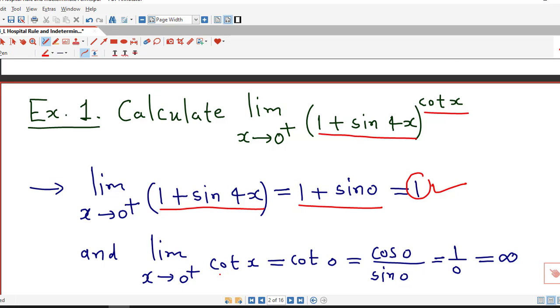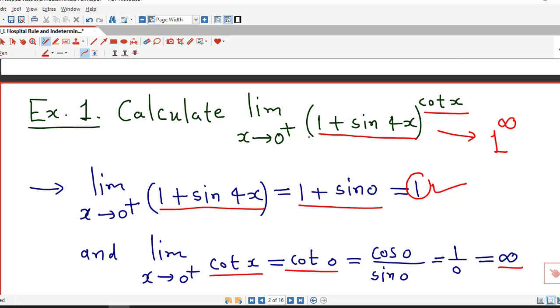Similarly, as x approaches 0 from the right, cot x is cos 0 over sin 0, and cos 0 is 1, sin 0 is 0, so that is infinity. So this is an indeterminate form of the type 1 to the power infinity.